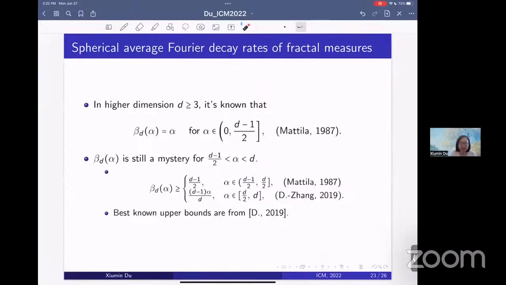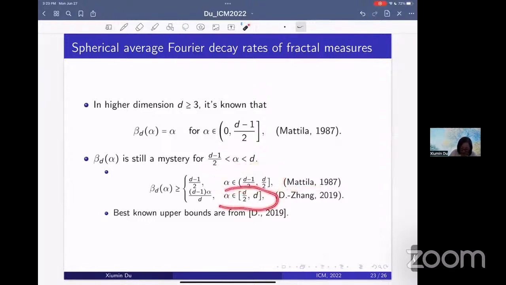In higher dimensions, when d is at least 3, for alpha smaller than half of d minus 1, beta d of alpha is known due to Mattila. And for alpha greater than half of d minus 1, beta d of alpha is still a mystery. When alpha is between half of d minus 1 and half of d, the best known lower bound for the decay rate is due to Mattila.